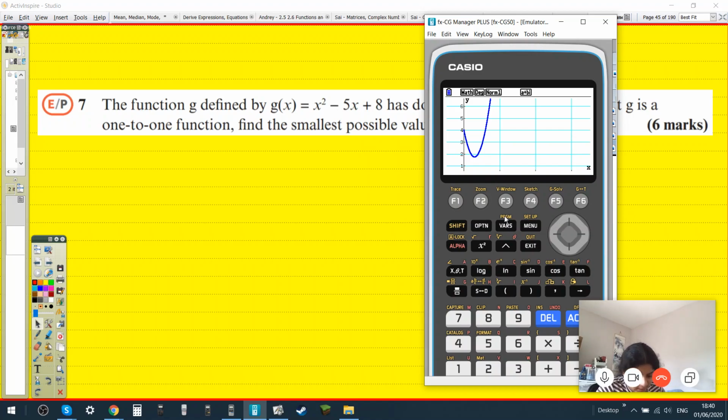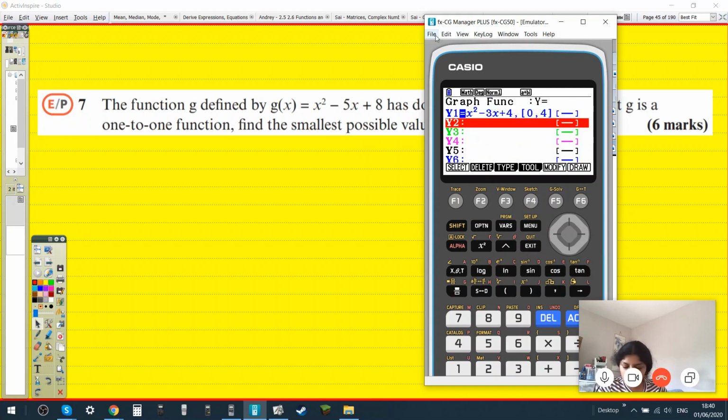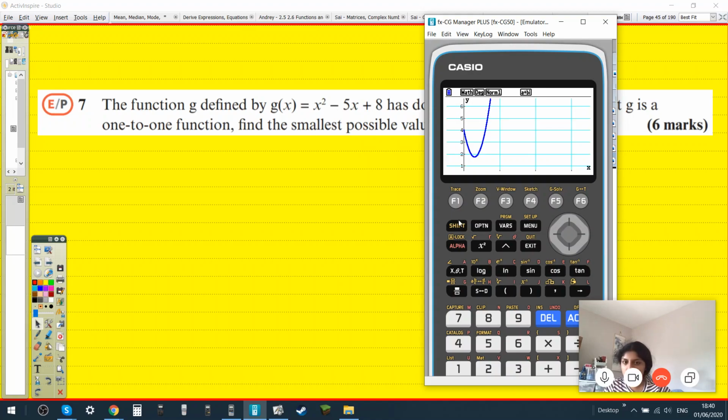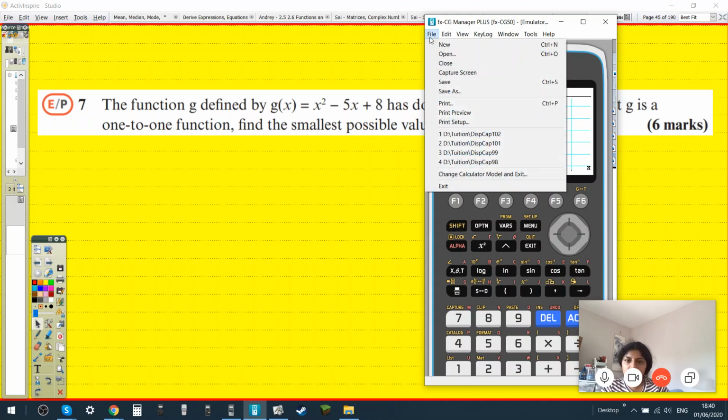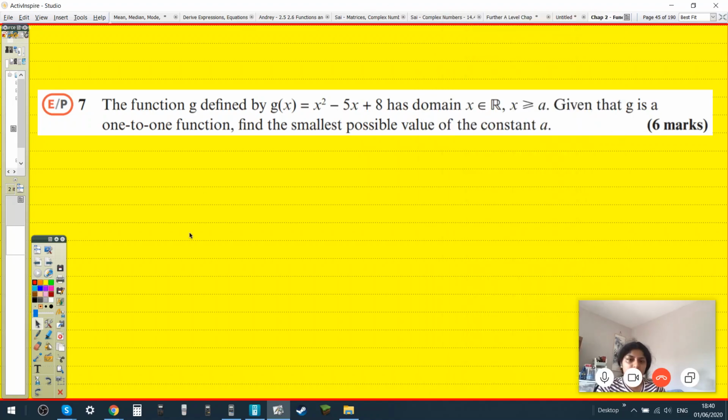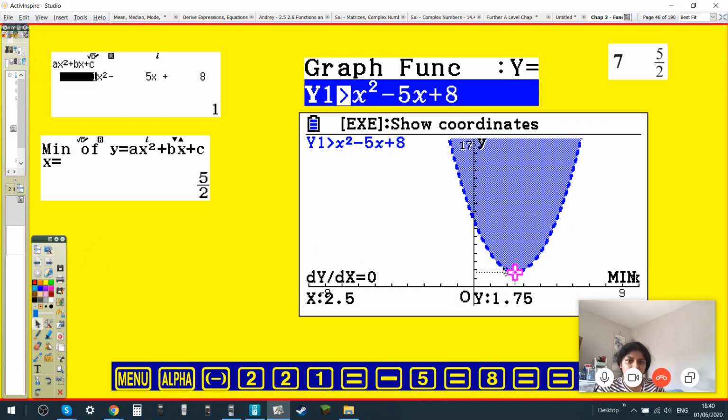A would be x greater than 2.5, right? Or greater than or equal to 2.5? Let's see. And so I think A would be 2.5. Shift, capture, and let us take a look. X is greater than 2.5. Yep.